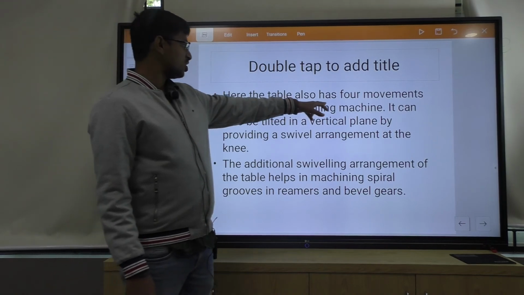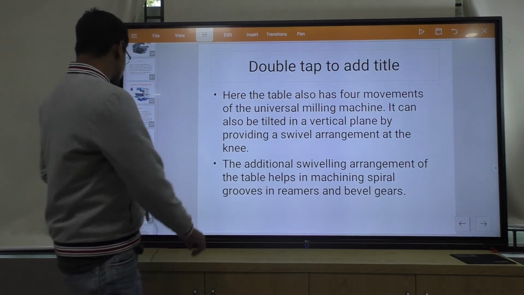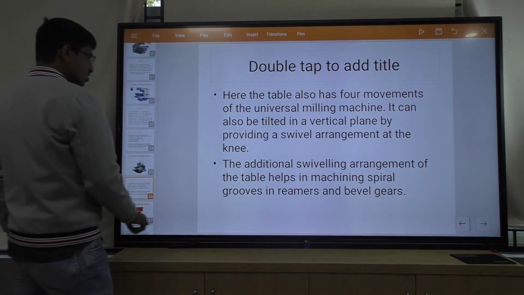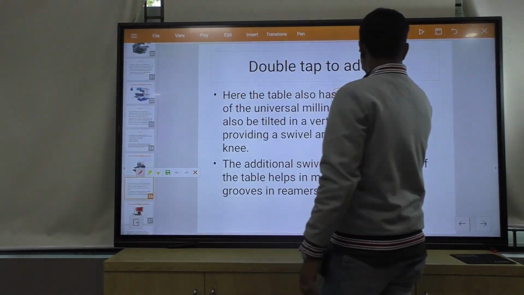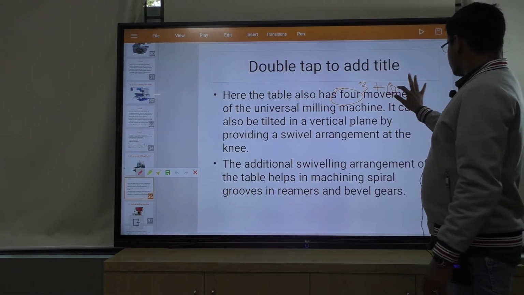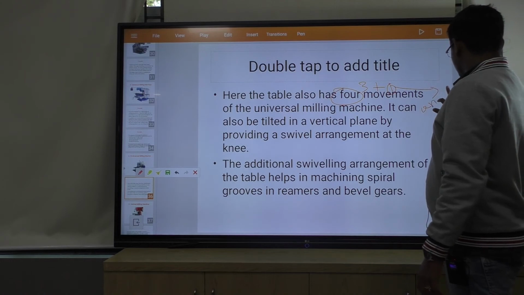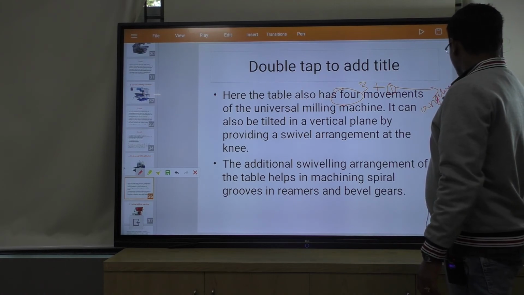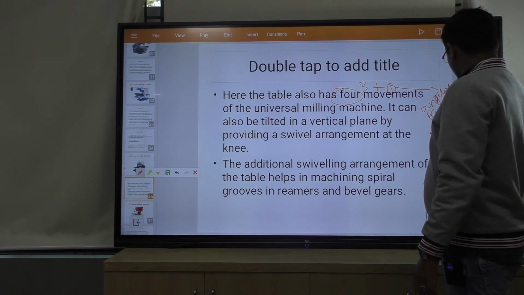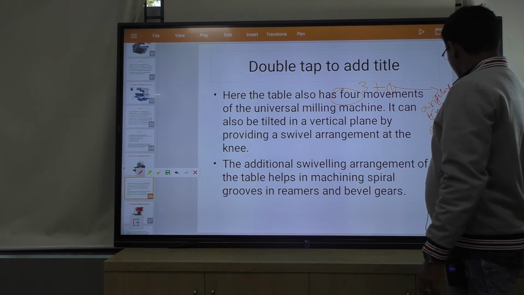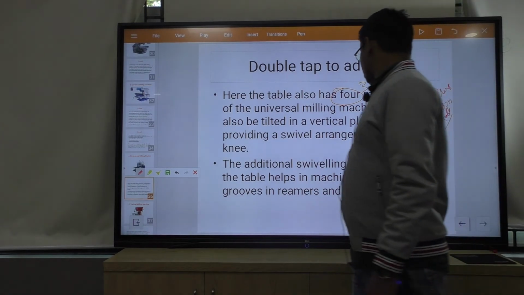Here the table also has 4 movements. 4 movements means 3 plus 1. This one is angular motion, angular feeding of the table of the universal milling machine.